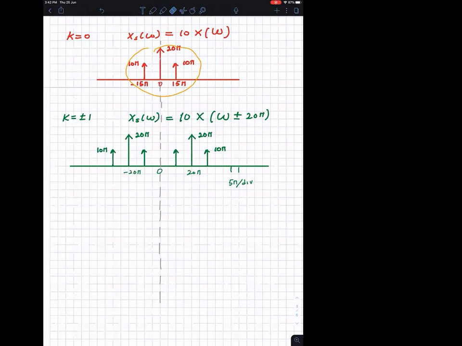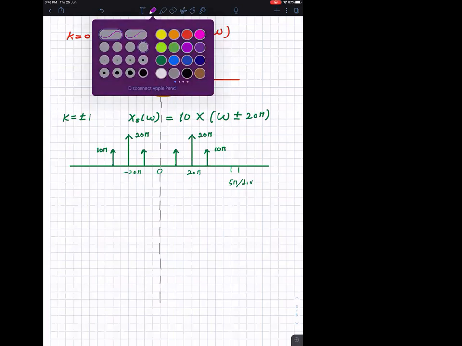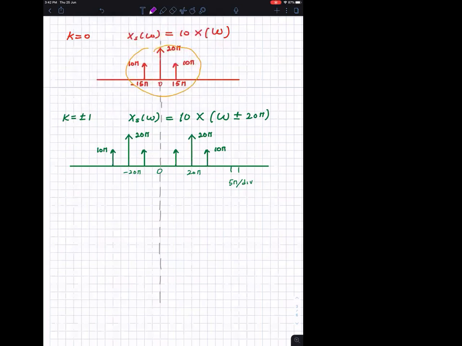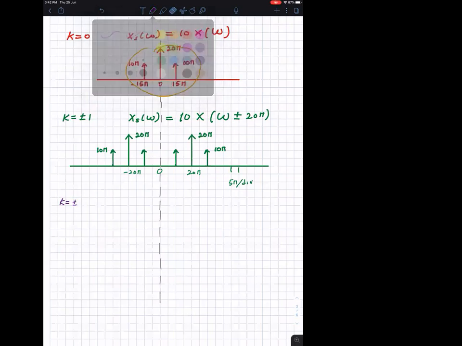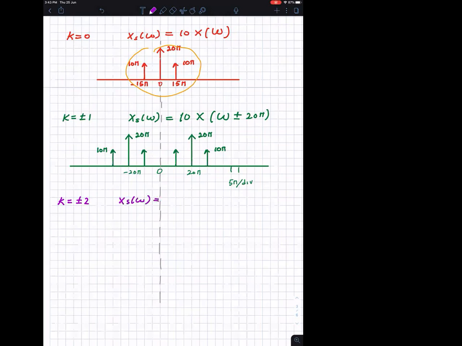So next, when k is plus minus 2, the equation is going to be X_s(omega) equals 10 X(omega plus minus 40 pi).